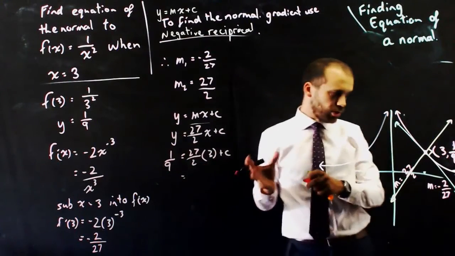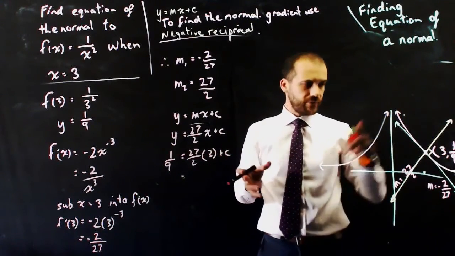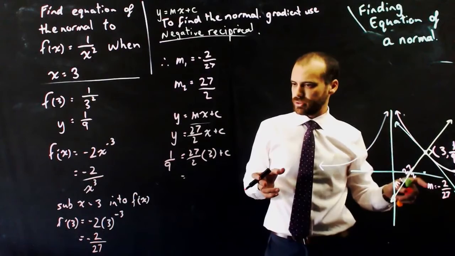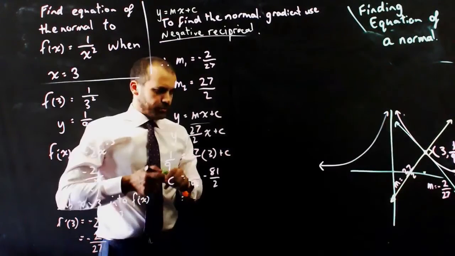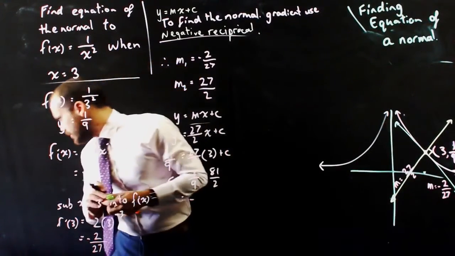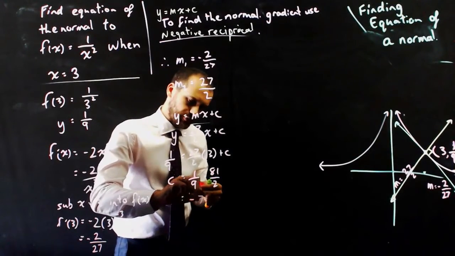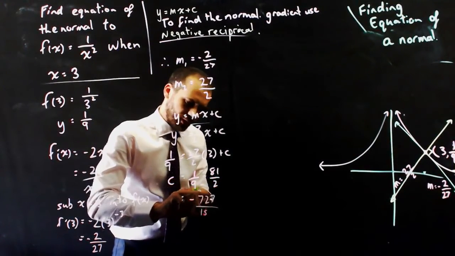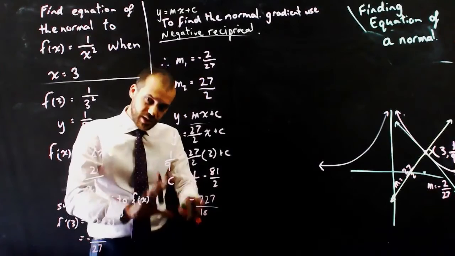And then if I solve that for c, I'm going to have the equation of my normal. I'm getting an answer of negative 727 on 18. So that's my c value.